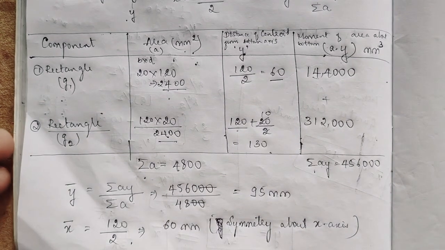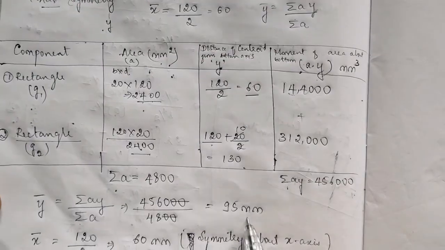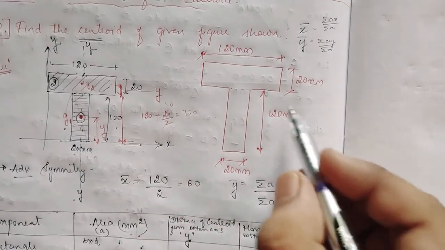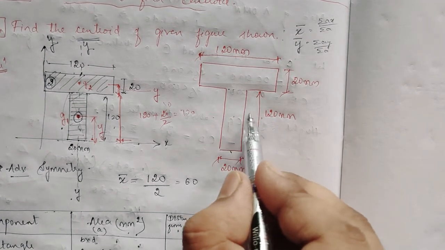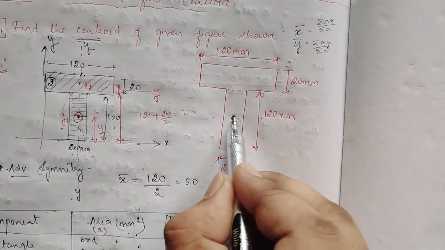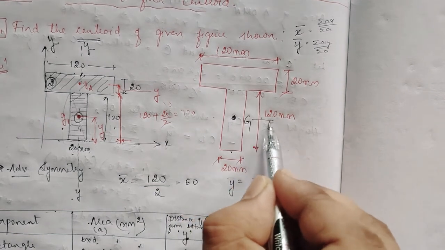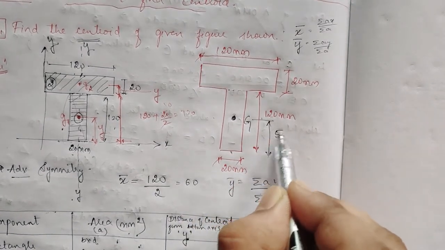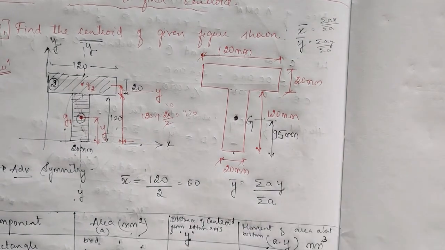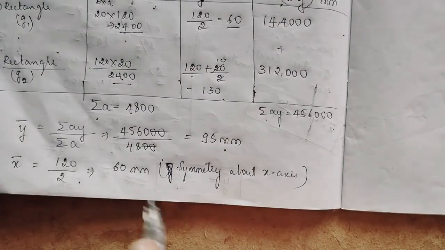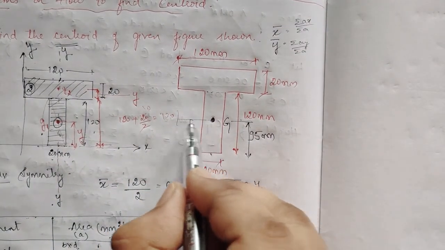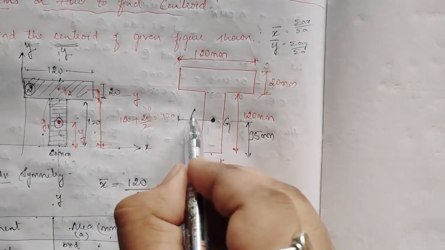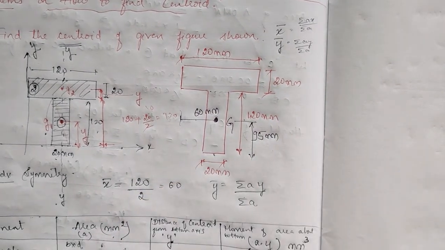Okay, so the centroid for this figure will be where, see here, it is 95 mm from the bottom. So from here if we go 95 mm, this 120, 100, so somewhere here. Okay, this is the G where the y value is 95 mm and the x value is 60 mm.